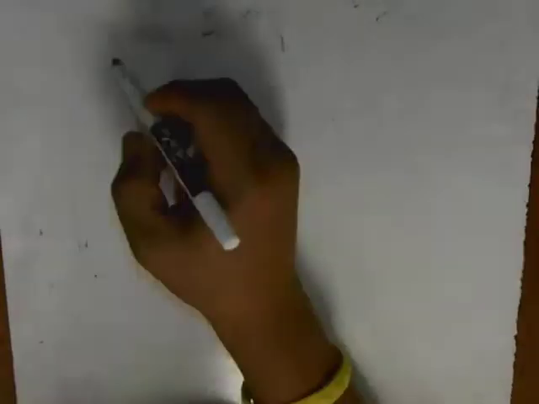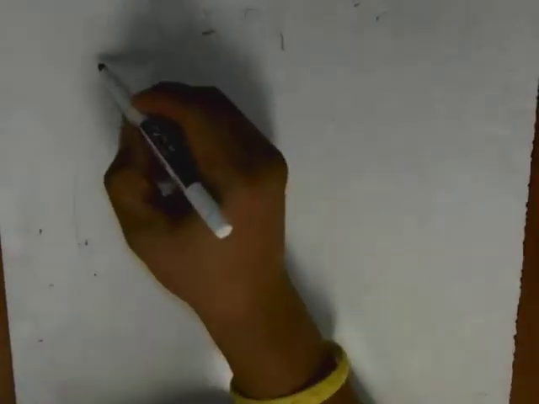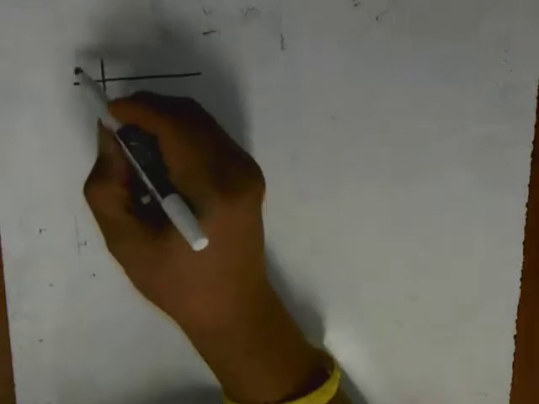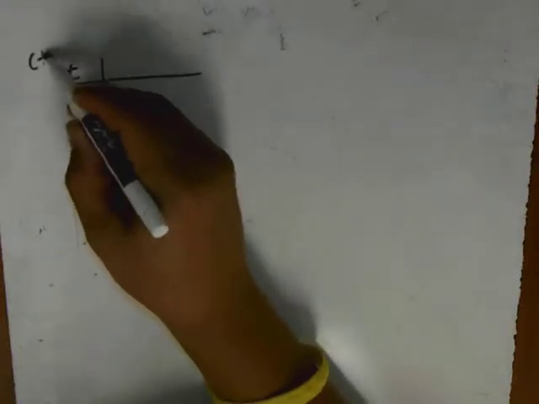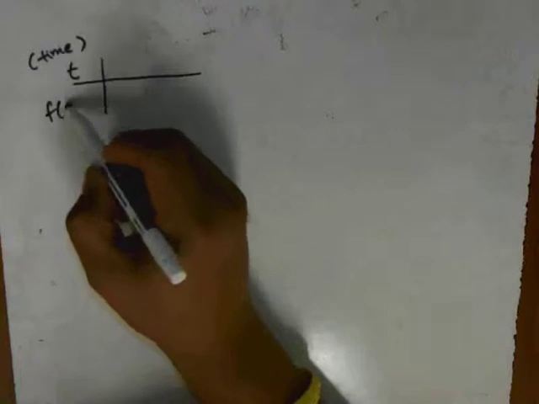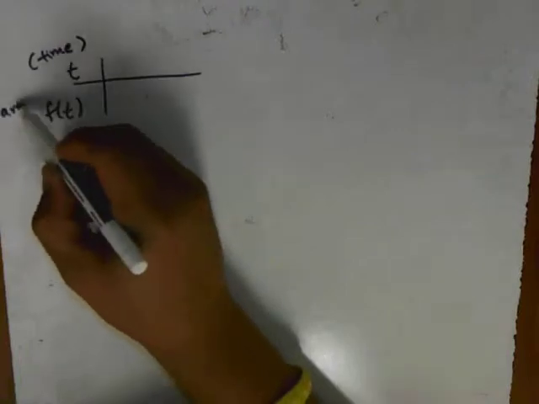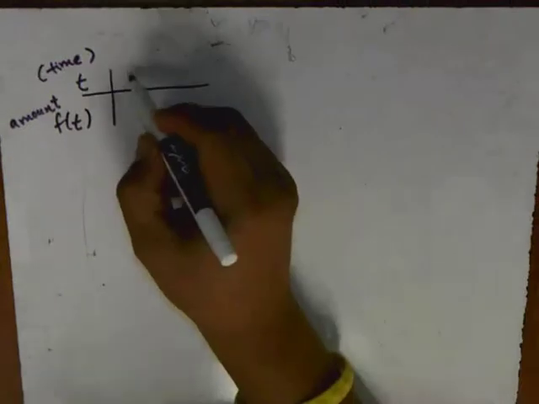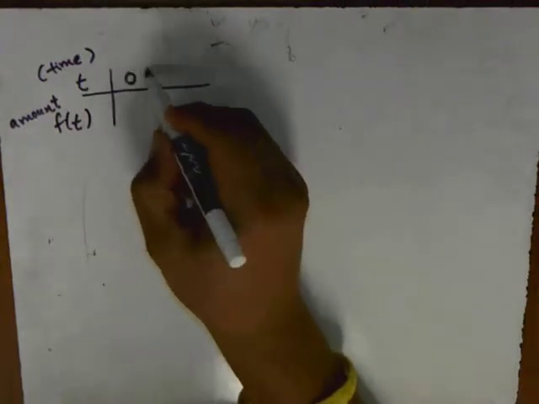Okay. And so for these problems, you may have seen this from the previous lessons, we're going to make a table. This t here is time, and f of t is the amount. When we start out, time is equal to 0, and we have 100%.